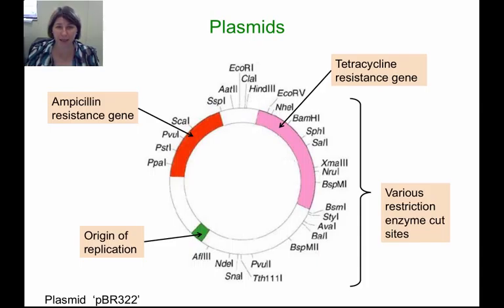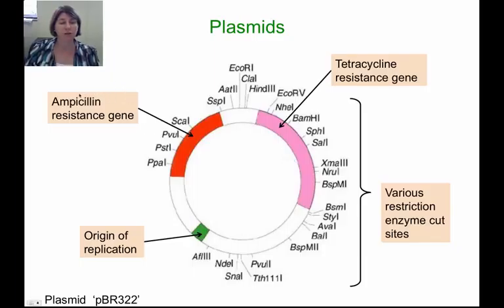So here is an example of a plasmid. Now this particular plasmid is called pBR322, and it was one of the earliest cloning plasmids which was commonly used in a laboratory and is still commonly used now. So what we can see is that this plasmid is a circular piece of DNA which has an origin of replication. Now this is necessary so that this plasmid will be replicated by the bacterial systems which replicate the bacterial chromosome.